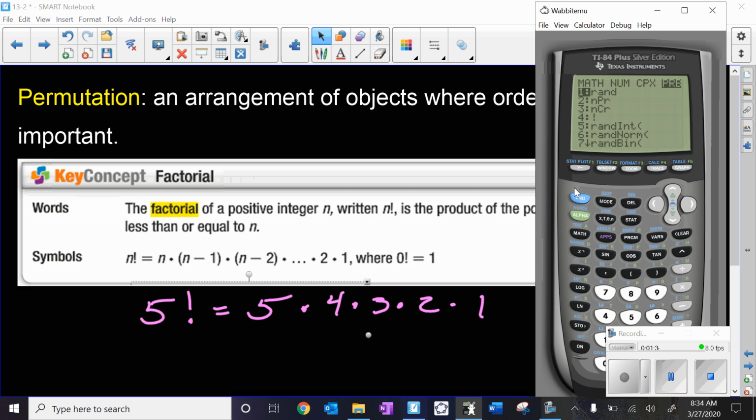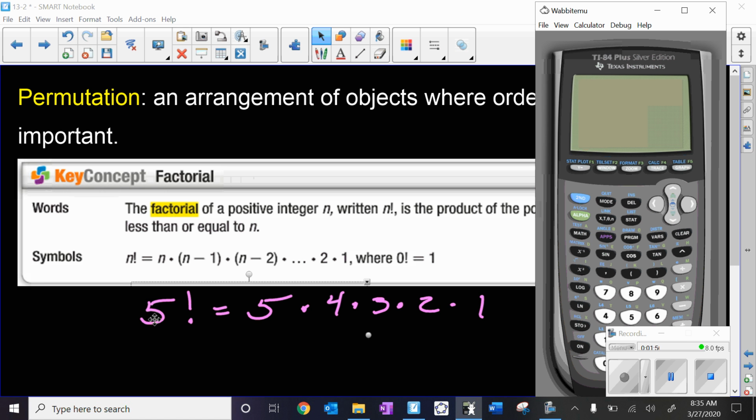Mine is going to be under the math category. A lot of you are going to try and find this PRB. PRB stands for probability. We're going to live under that scenario, and you can see it's number 4 for me. So I'm going to go back to the home screen.